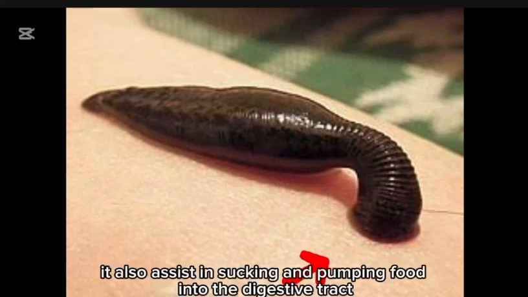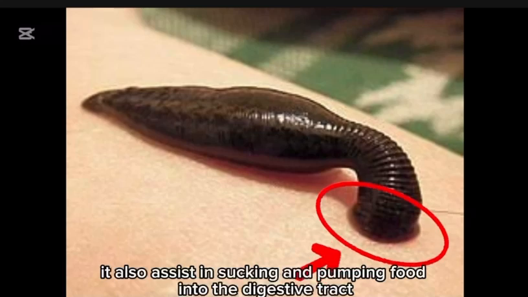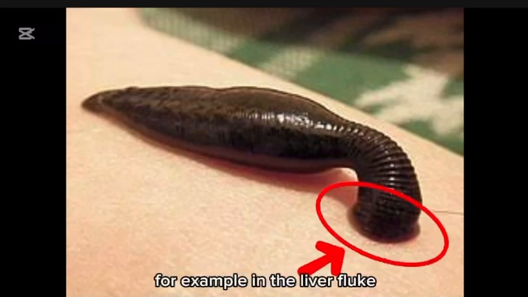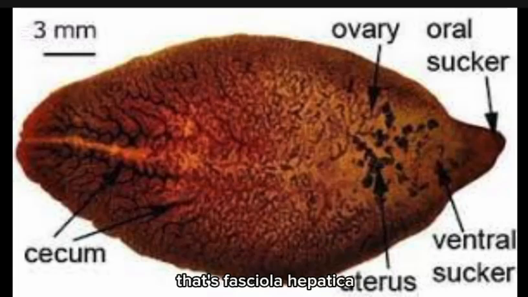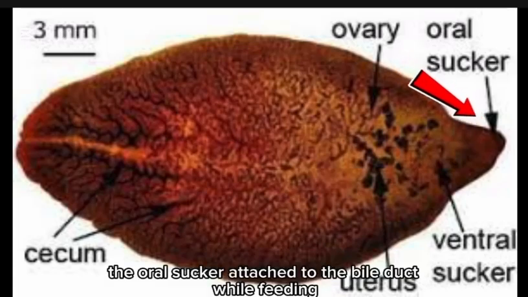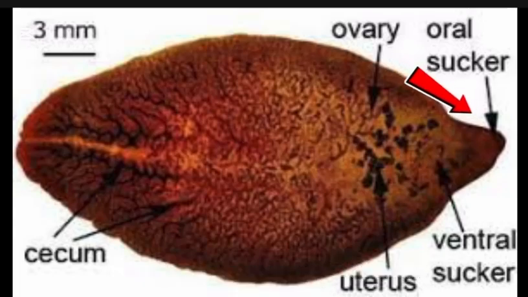It also assists in sucking and pumping food into the digestive tract. For example, in the liver fluke, that's Fasciola hepatica, the oral cercus attaches to the bile duct while feeding.